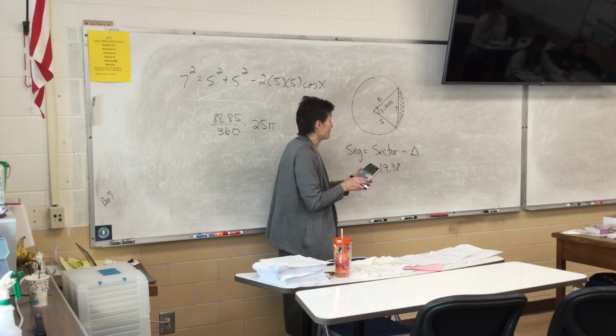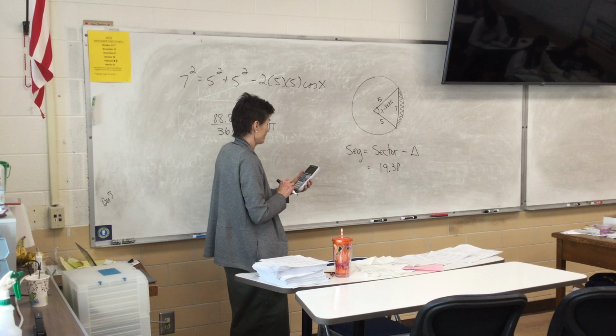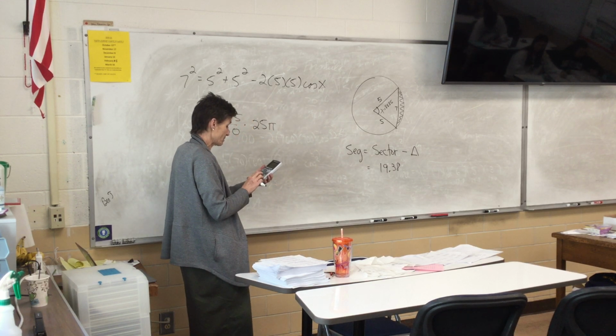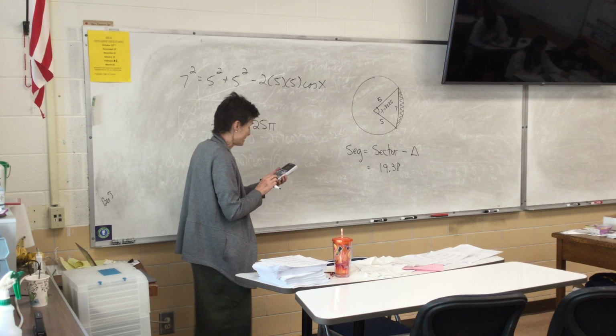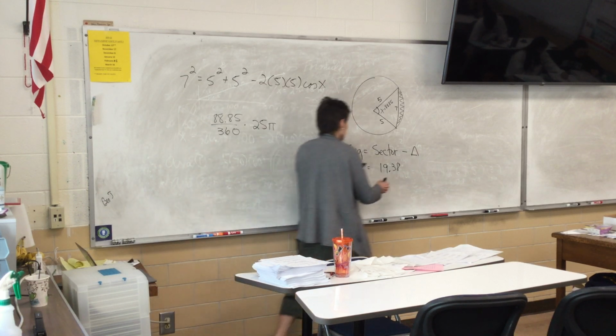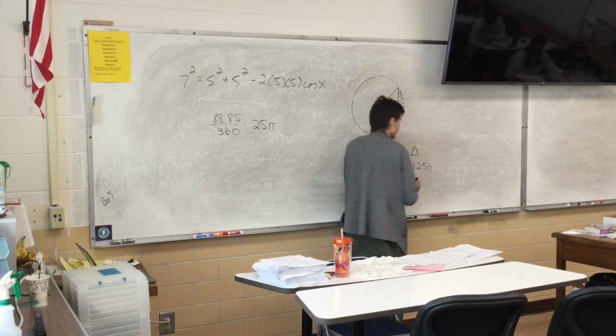Since I already have the angle, I'll just do 1/2 times 5 times 5 times sine 88.85. And I got, for the triangle, 12.50 basically.